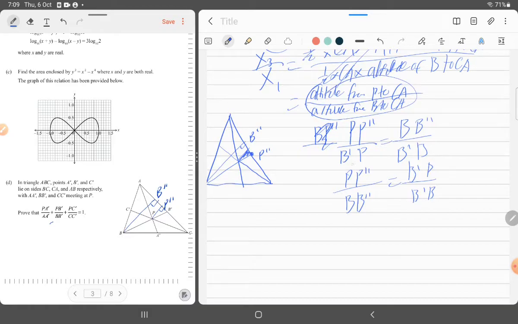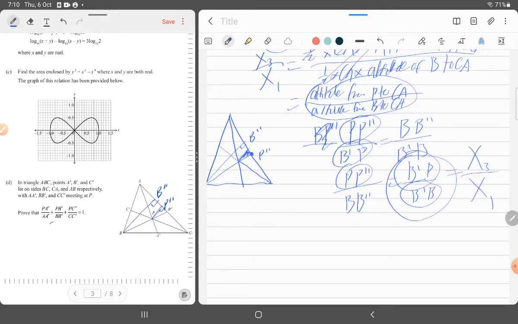So we got this length. The altitude from P to CA is this, and the altitude from B to CA is this, and then we said that this is equivalent to B to B dash dash over B dash B. Then we arranged to say that B dash P over B dash B is the area x3 over x1.